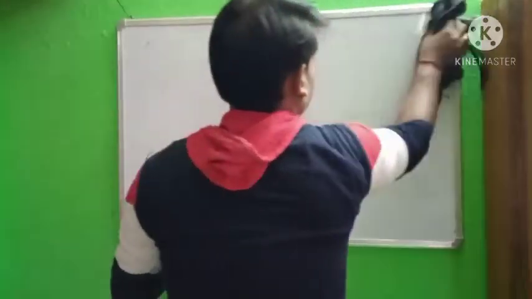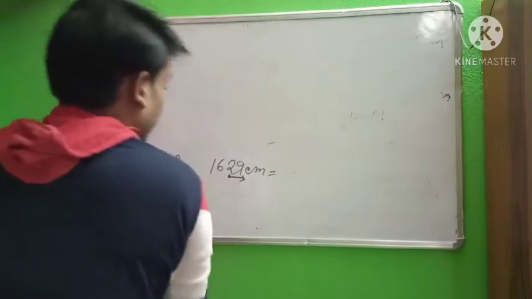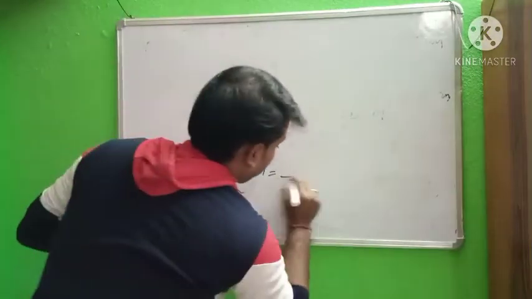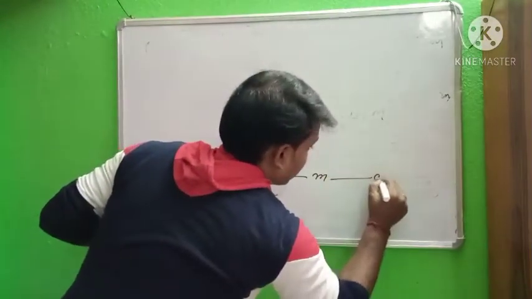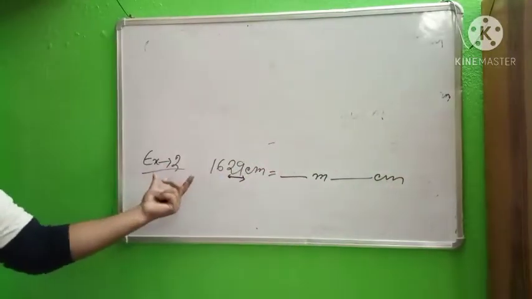Another thing: 1629, how many meter and how many centimeter? Okay, so what is the rule?